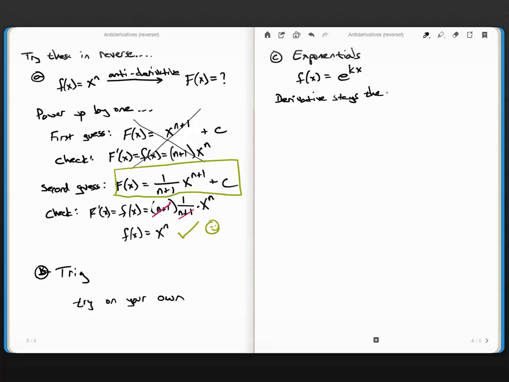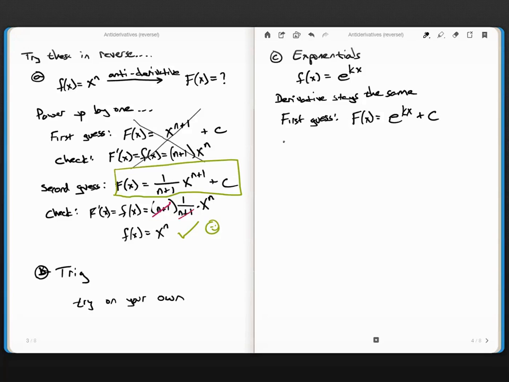That's what's so beautiful about that number e, is that the value of the function is the same as the slope of the function. So let's say the derivative on my first guess, big F of x, well, just equals e to the kx, right? That stays the same. Plus c.